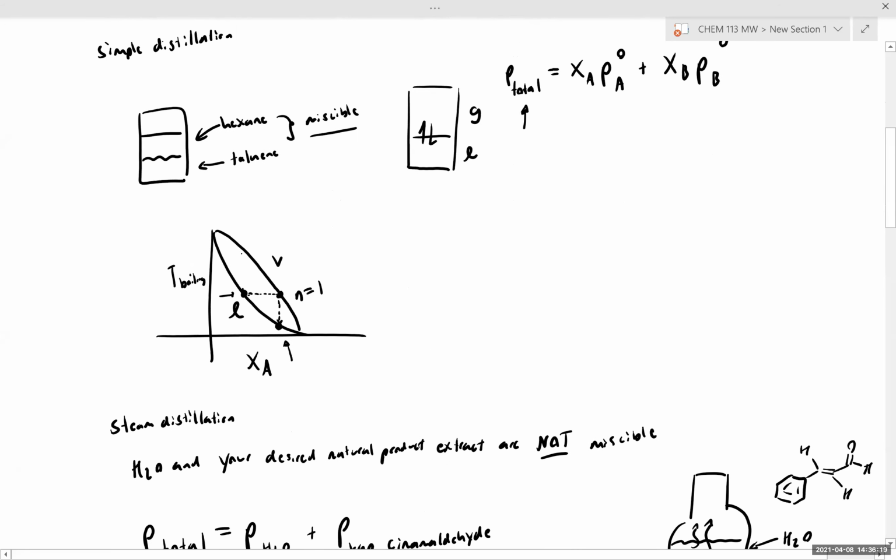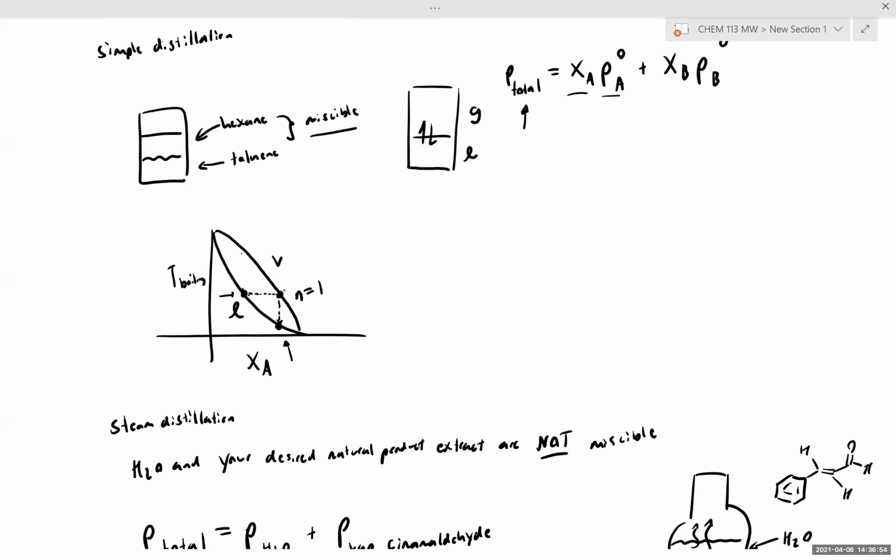So we can generate these vapor-liquid composition curves, and as our liquid boils, we generate a vapor, and the composition of the vapor is different from the liquid phase. And the composition of the vapor depends on the mole fraction and the vapor pressure. So we can distill over and collect our distillate from our vapor. And as we notice, with each distillation, we're enriching our distillate in one component.